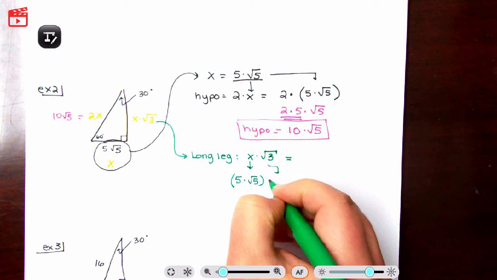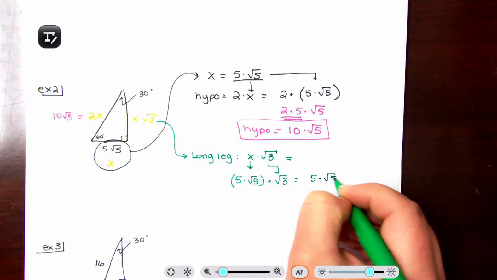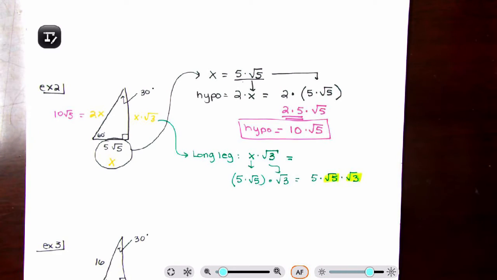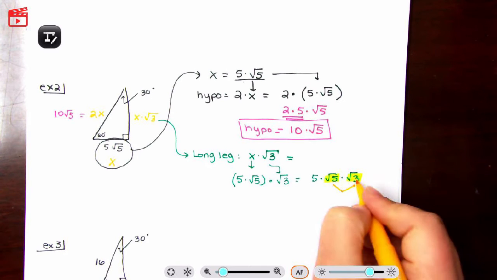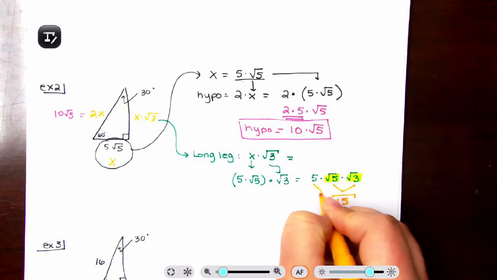We're going to multiply that by the square root of 3. So we have 5 times square root of 5 times the square root of 3. And notice that we have 5 and 3 both inside the radical, both having an index of 2. So we get to combine these two together. 5 times 3 is 15. And bring over the 5.